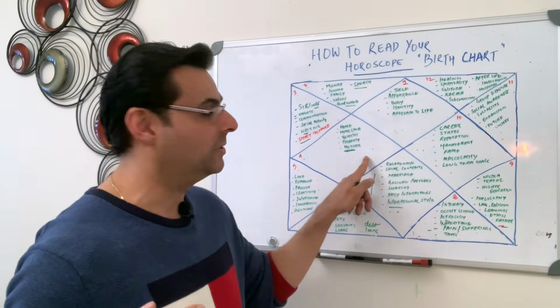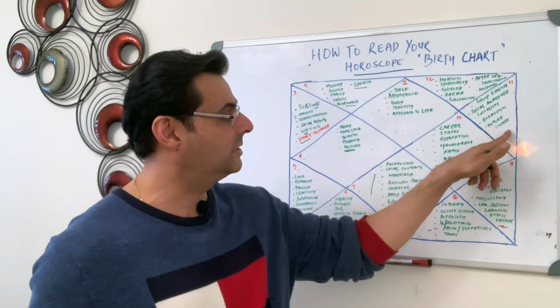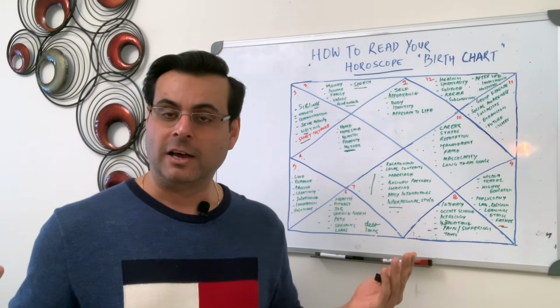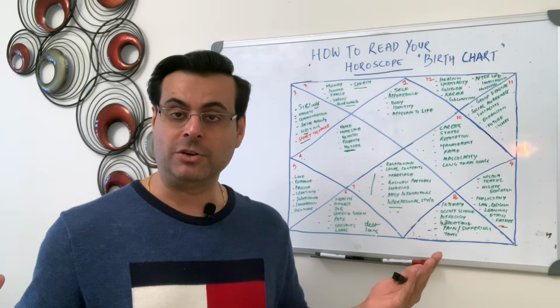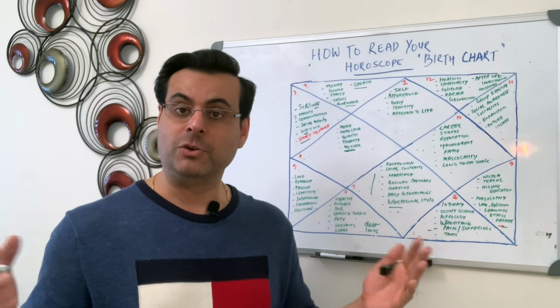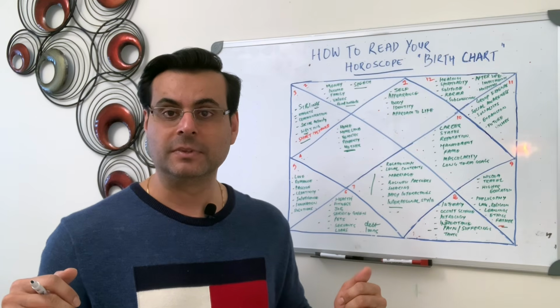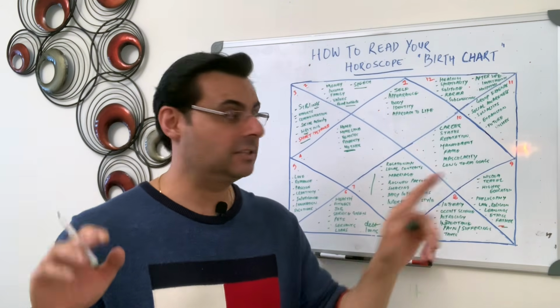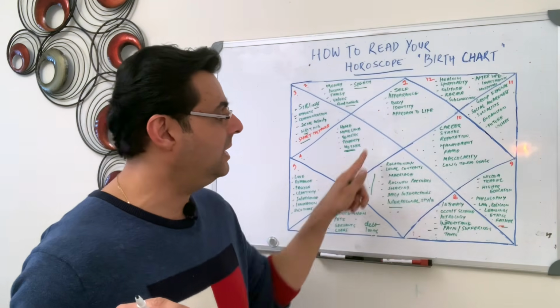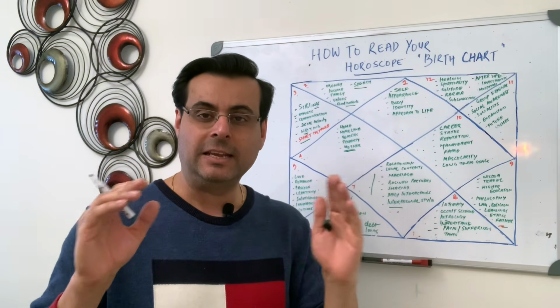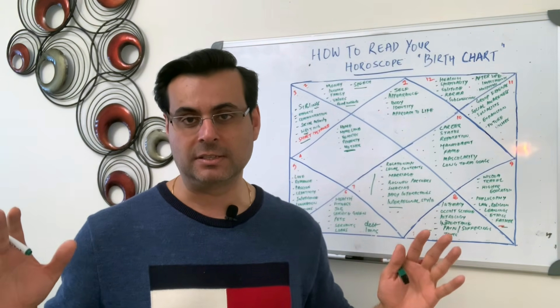If it combines with the 4th house, property and vehicle. If it combines with the 6th house, good loans, victory over enemies and victory over bad health also. Right? So wherever the 11th house combines with any house, it magnifies its results.